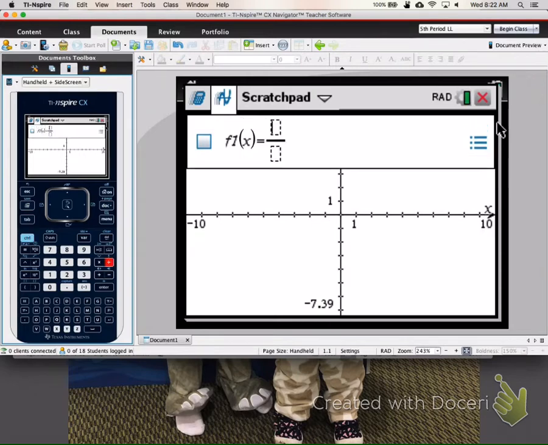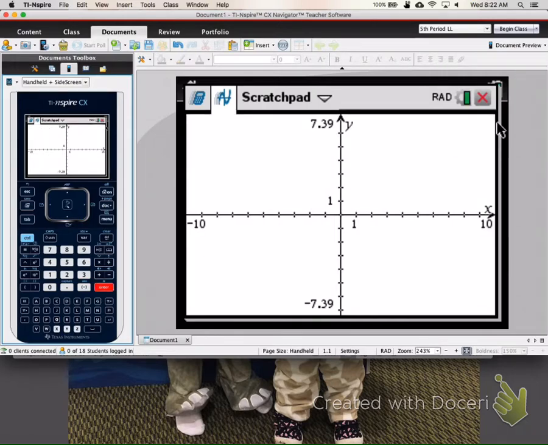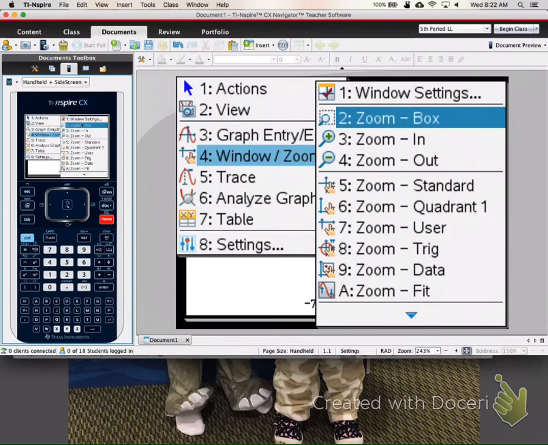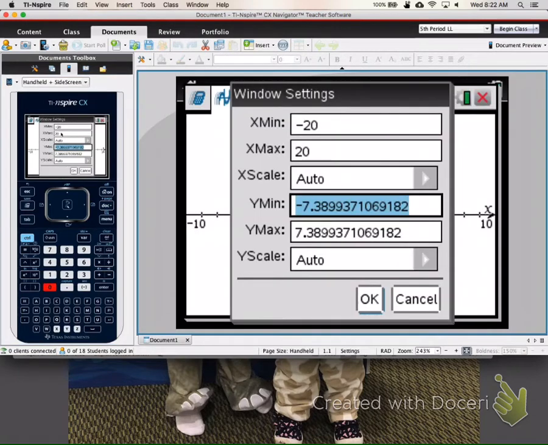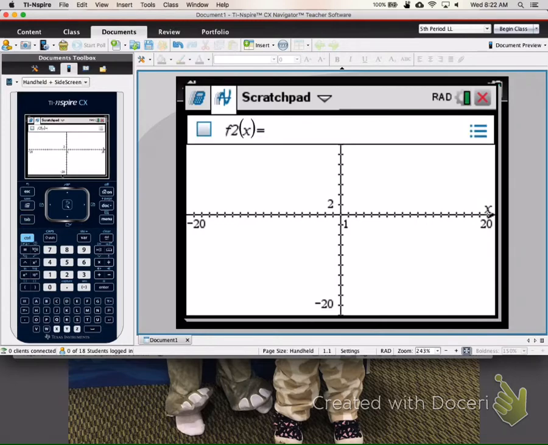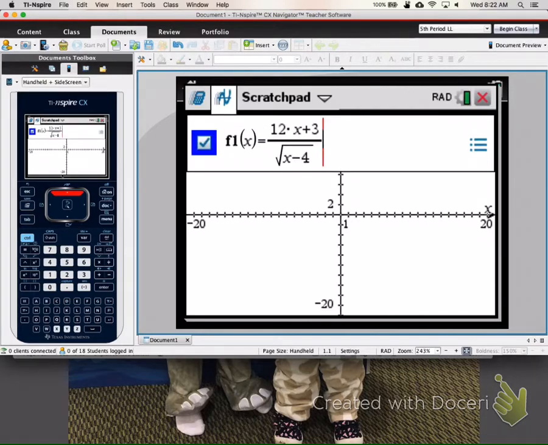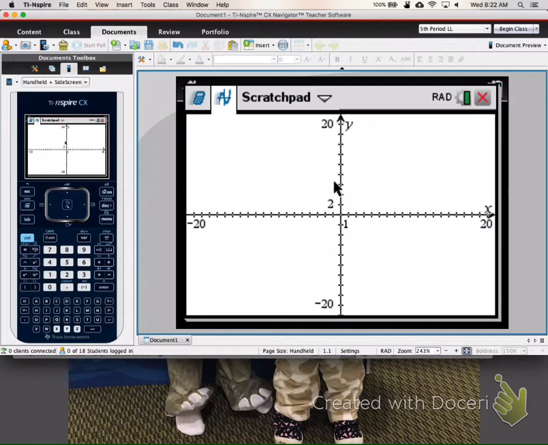So you would have 12x plus 3, and then the square root of x minus 4. And if you can't see it, remember we zoom out to see what that looks like. Did I get that in there, or did something happen here? No, I'm good. All right, then I'm just going to do my zoom out to see what it looks like. There it is.